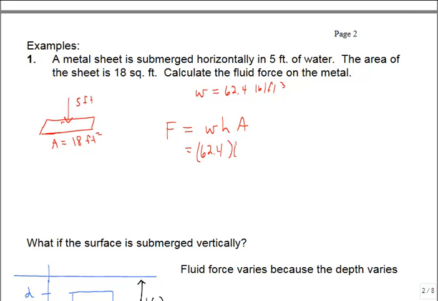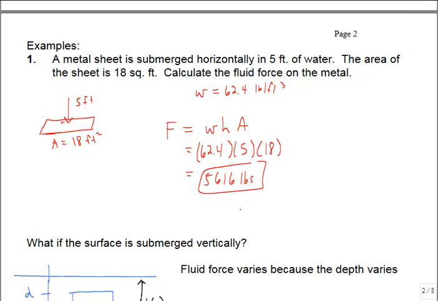The depth that this sheet of metal is at is 5 feet. It's 5 feet submerged in water. And the area of this sheet is that 18 square feet. So we get 62.4 pounds per cubic foot times 5 feet times 18 feet squared. All the feet cancel out, and this is going to be 5,616 pounds of force, fluid force.